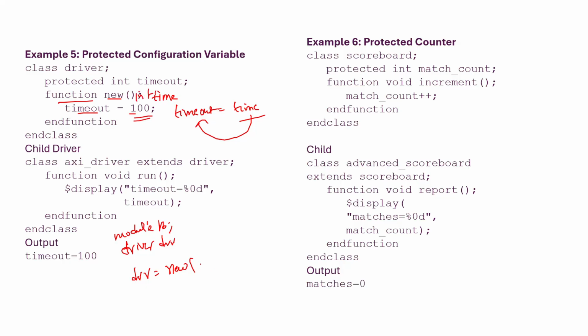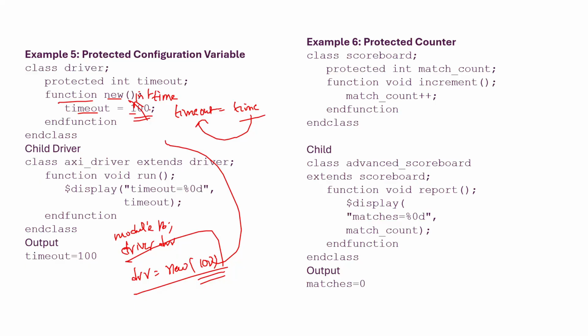Now I have assigned this value 100 inside my new method. So this new method directly calls this constructor. Inside the constructor we have some arguments. That argument you are assigning to your class member. In that way I can assign the value. Understood?